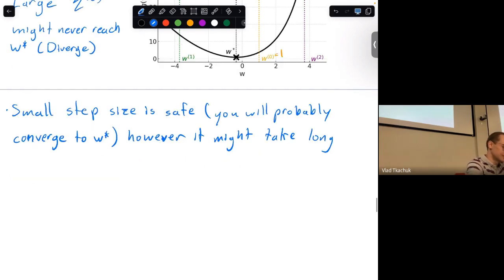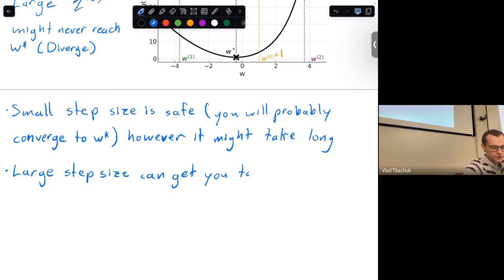That's the first point. And a large step size can get you to W star fast, but sometimes it might diverge.